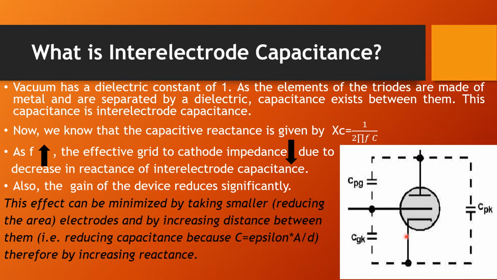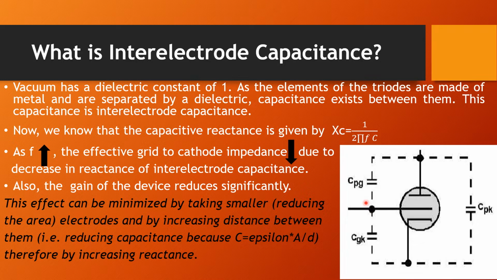Between any electrodes, you can see there is one capacitance that is generated. It is not physically connected here, but as these electrodes have a lot of potential difference between them, such capacitance comes into effect.